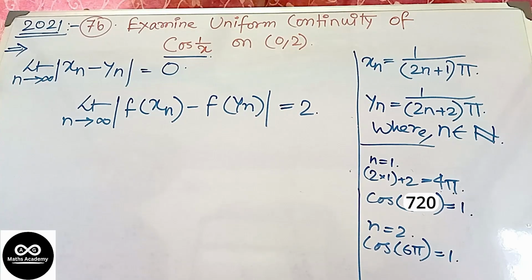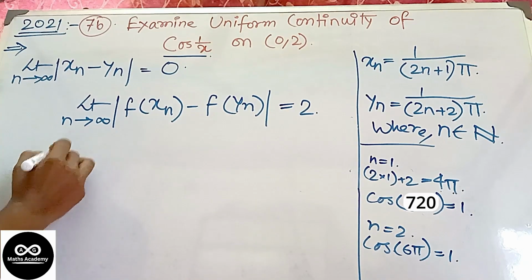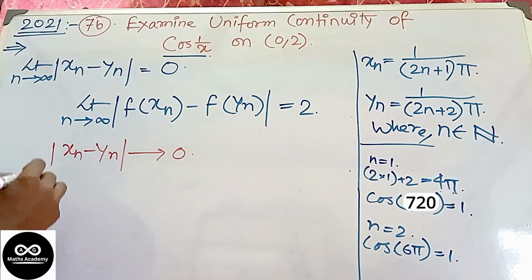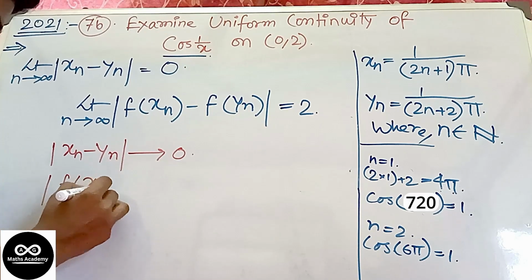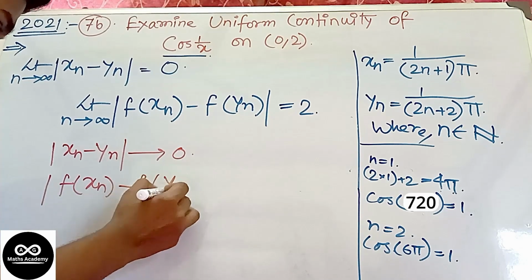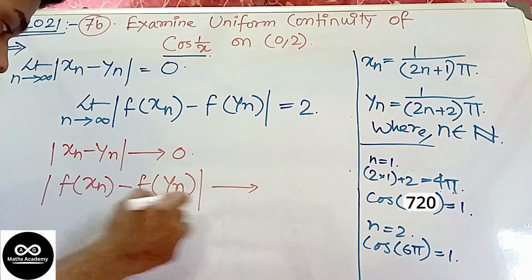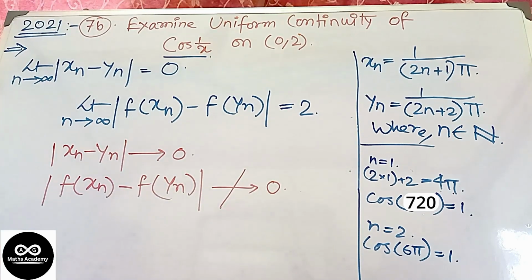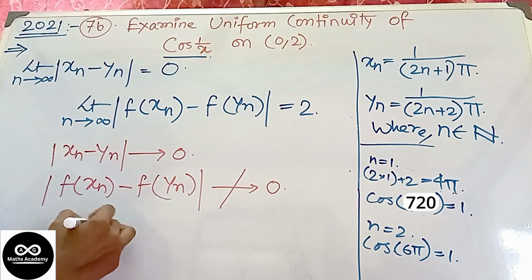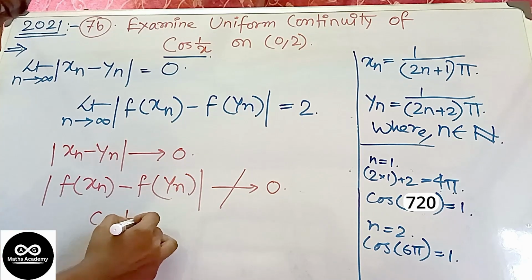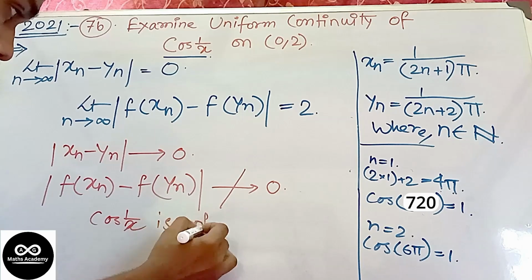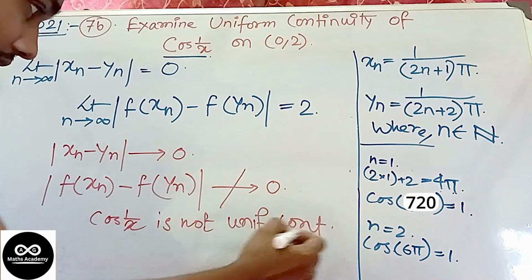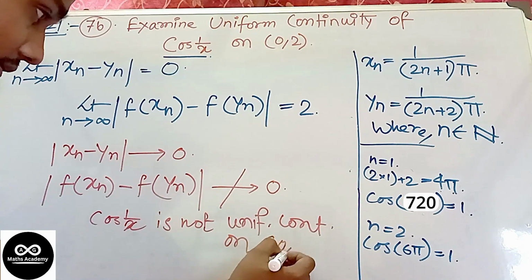Now what we can see is that xn minus yn is tending to 0, but the functional value of xn and the functional value of yn is not tending to 0. From here we can say that cos of 1 by x is not uniformly continuous on 0, 2.